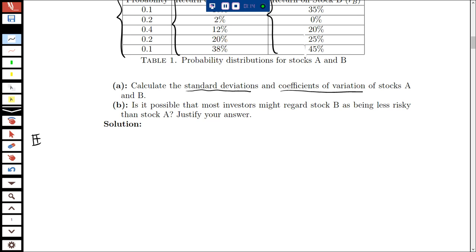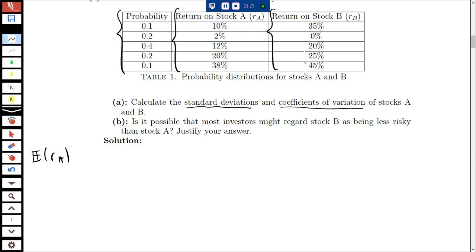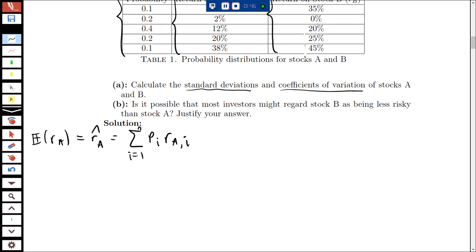The first formula: the expected value for the return on stock A, sometimes written different ways. They're both possibilities. It is the weighted return. We have 5 possible outcomes, and we know all the probabilities. This is the weighted average.